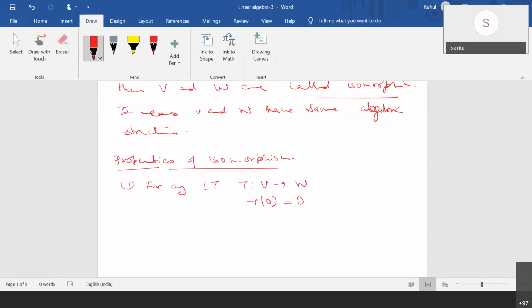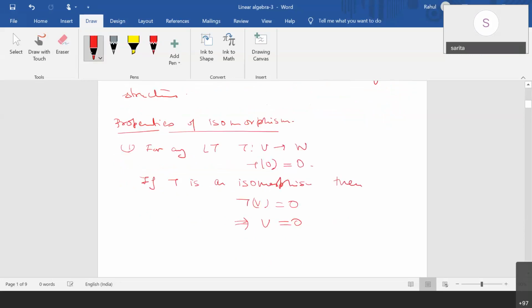When you prove a linear transformation, you prove that it preserves addition and scalar multiplication, and then it means that T(0) is 0. Now if T is an isomorphism, then T(v) equal to 0 implies v is equal to 0.